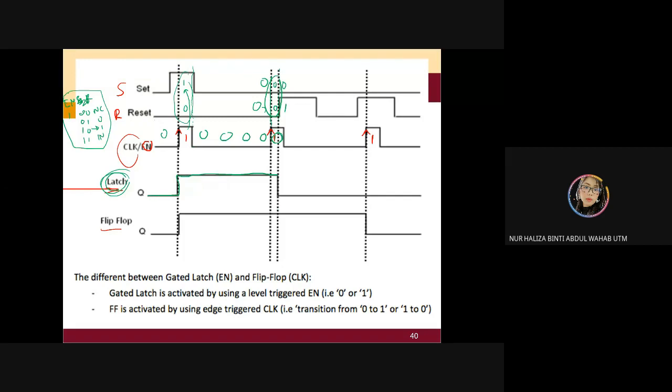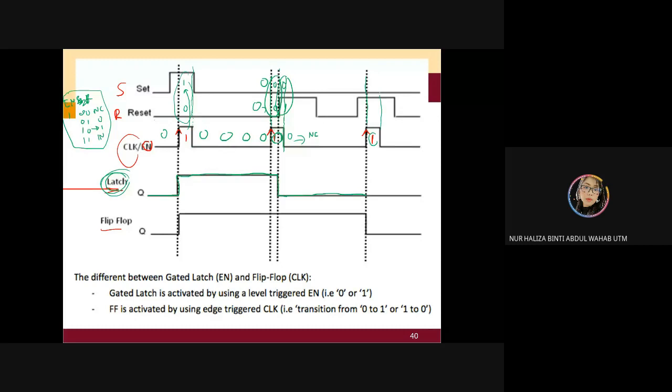For this part, as 1 there, you can see the input is 0, 1. 0, 1 means it's going to be 0. At this part, there is another change which is 0, and it's going to be no change.